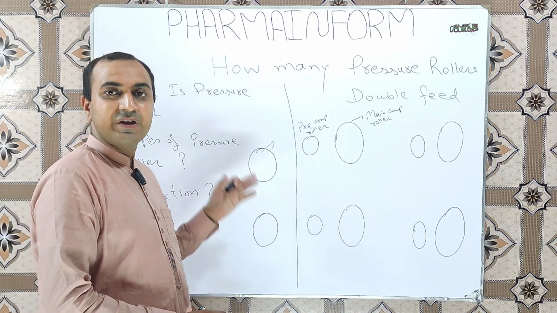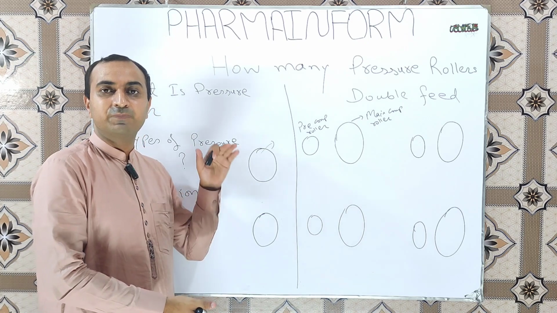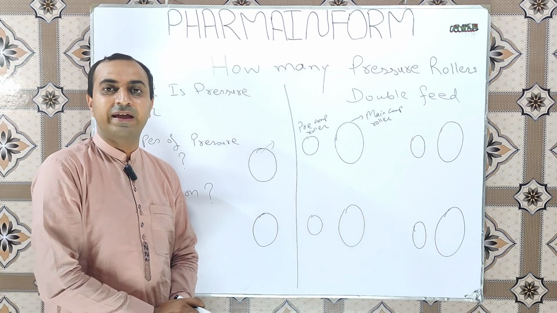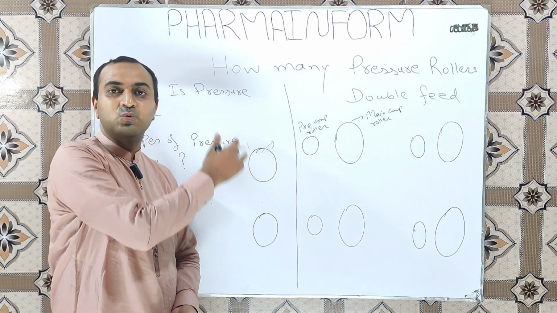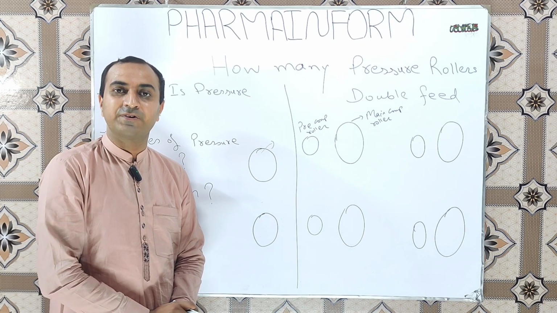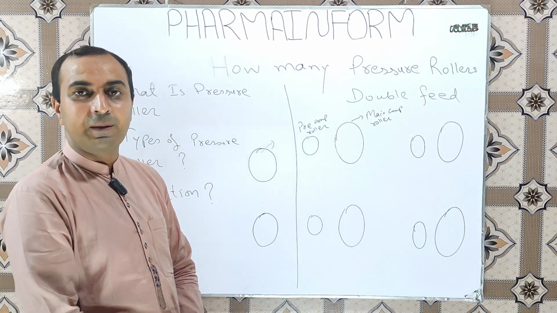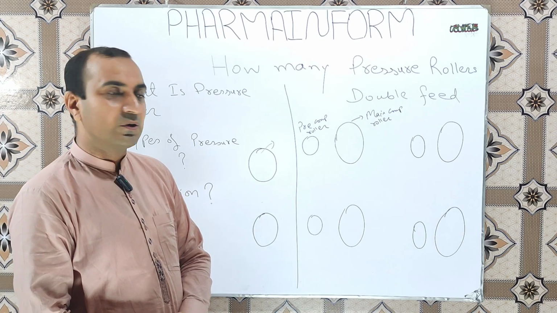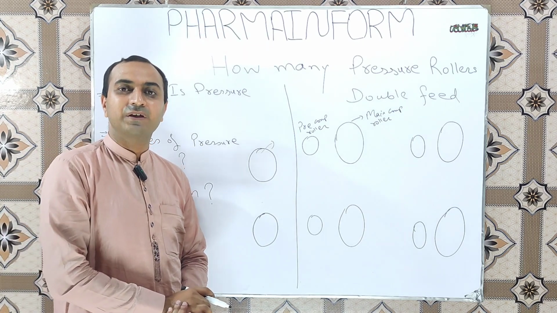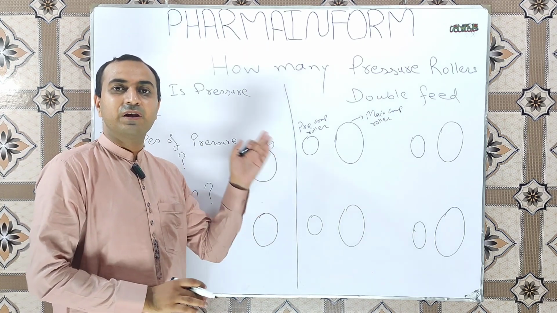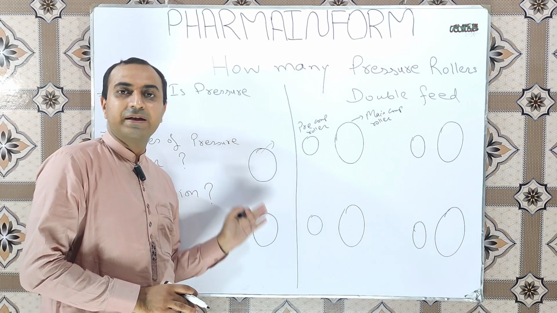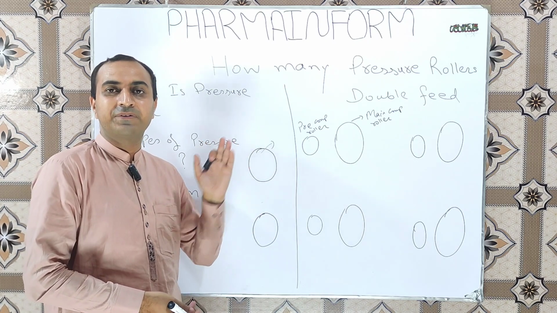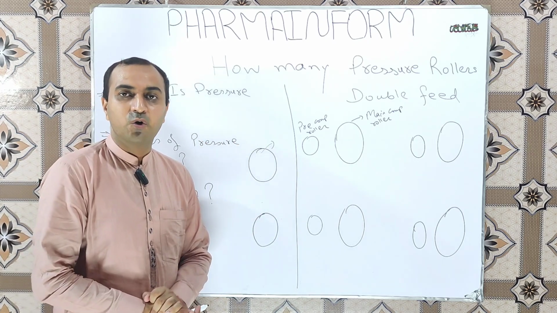So the upper punch and lower punch will pass between these compression rollers, and when they pass through the upper and lower compression rollers, the pressure is applied over the punches to compress the powder or granules. So as a summary, our single feed compression machine will contain two main compression rollers, one on the upper side and one on the lower side.